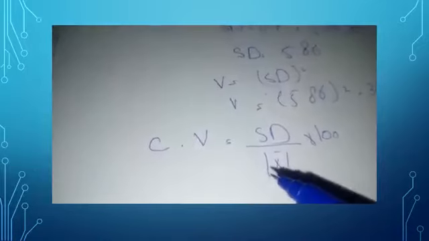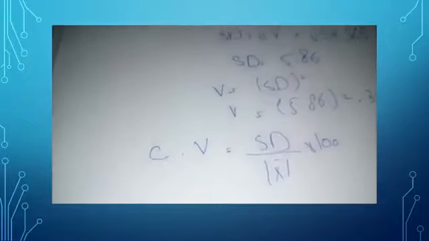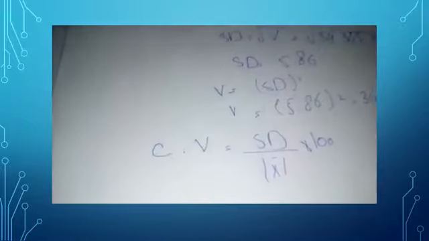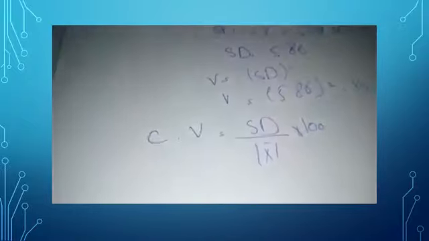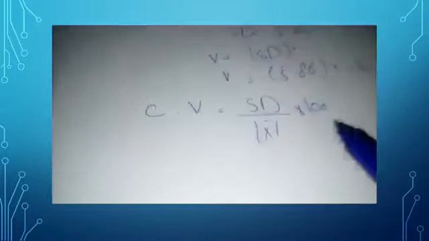To calculate the coefficient of the variation, this is question number 13. We already discussed how to calculate the mean and standard deviation of this question. So simply I put the values.